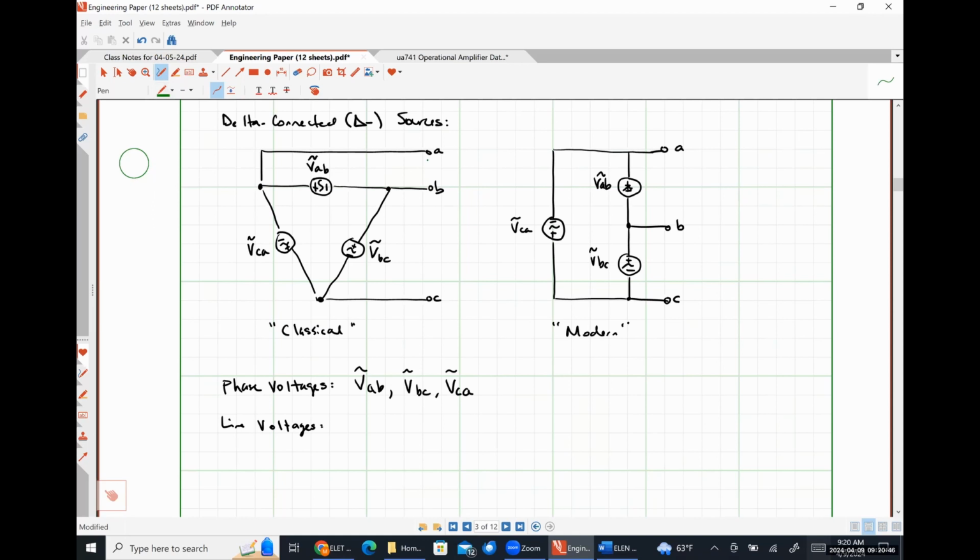So here I have a pair of transmission line terminals. So I should have some voltage VAB. Here I have another pair of transmission line terminals. So this will be VBC. And across these transmission line terminals, I'll have VCA. Let me draw them over here as well.